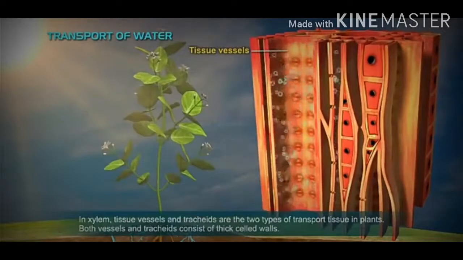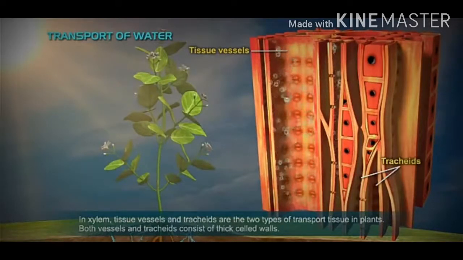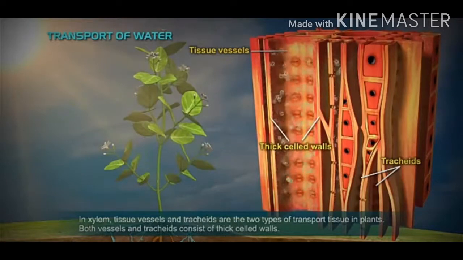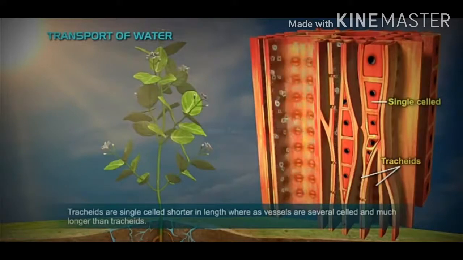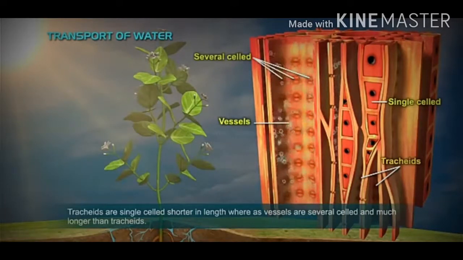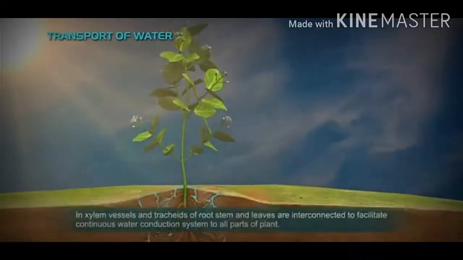In xylem tissue, vessels and tracheids are the two types of transport tissue in plants. Both vessels and tracheids have thick cell walls. Tracheids are single-celled and shorter in length, whereas vessels are several-celled and much longer than tracheids.